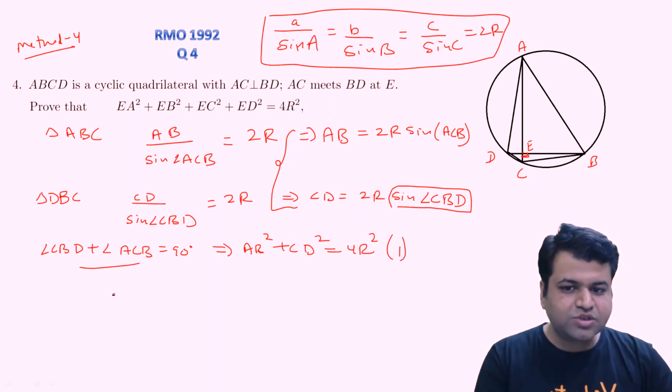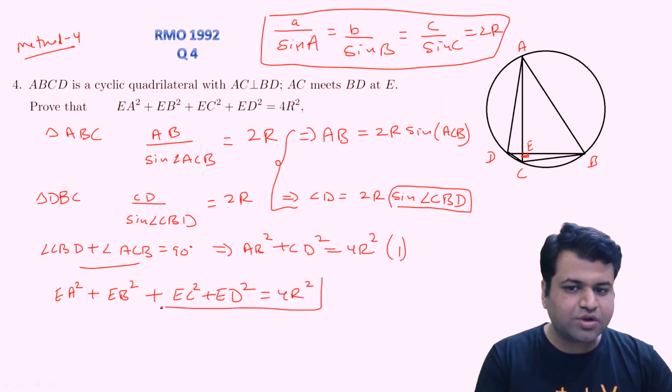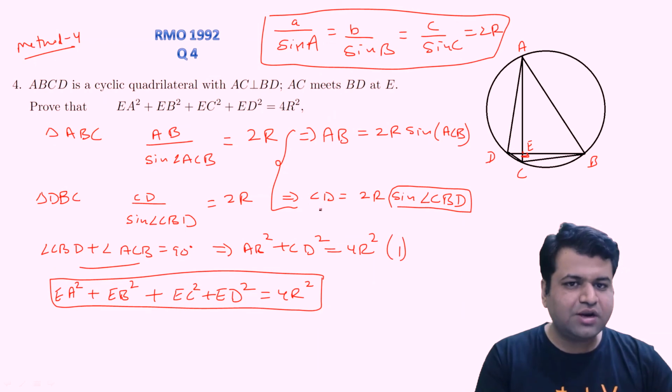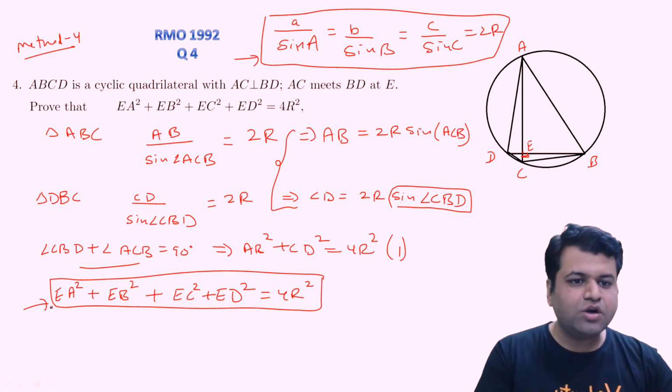And AB square is nothing but EA square plus EB square, and CD square is nothing but EC square plus ED square, and that equals 4r square. So it is a very easy question if you use a little bit of trigonometry along with the sine rule. So we can simply prove this to be equal to 4r square.